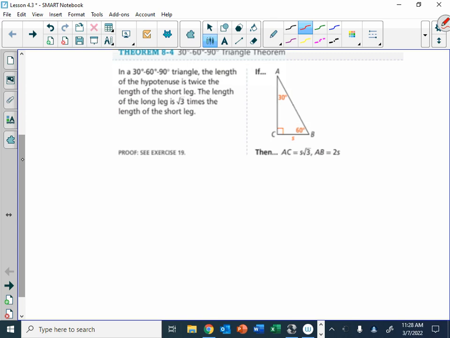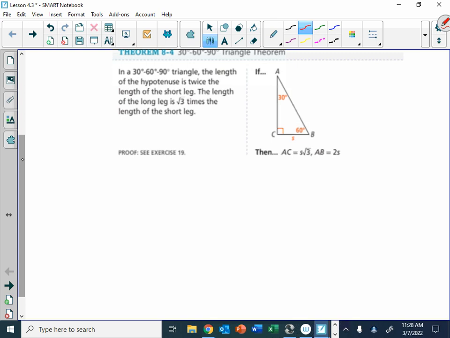Name the side that's going to be the smallest. CB. Okay, it's across from the smallest angle, 30 degrees.